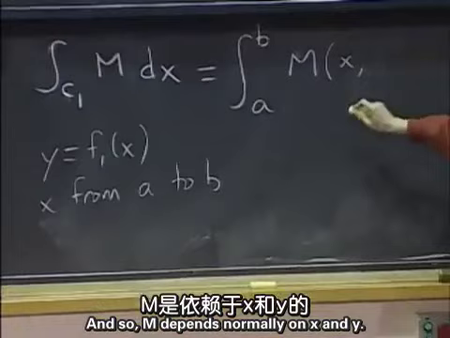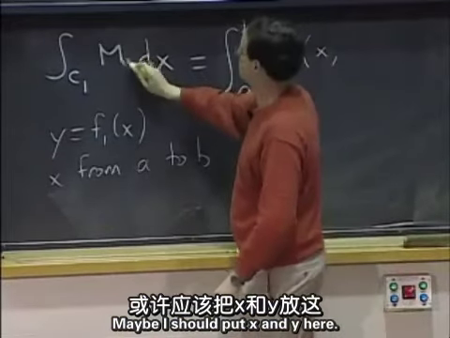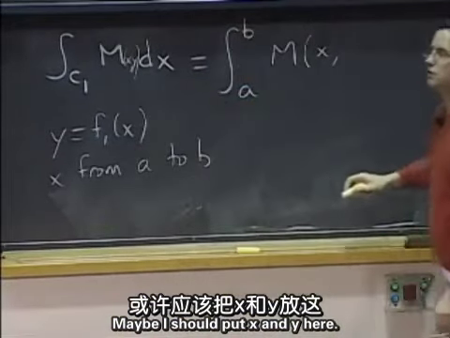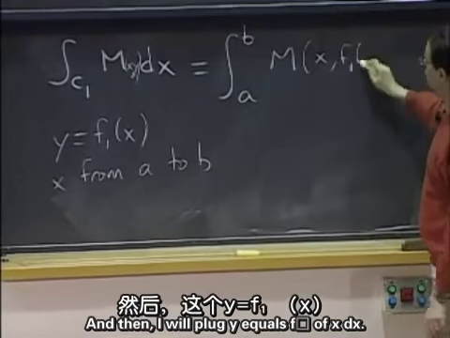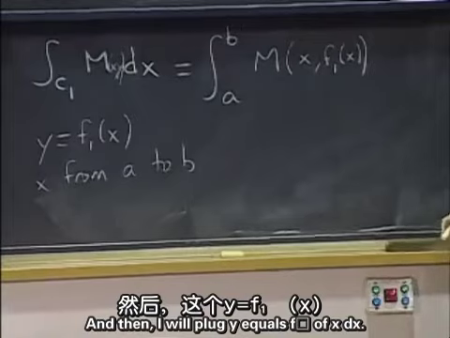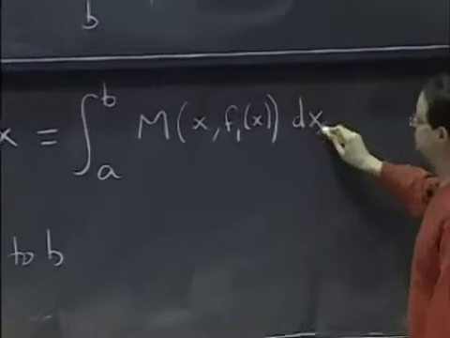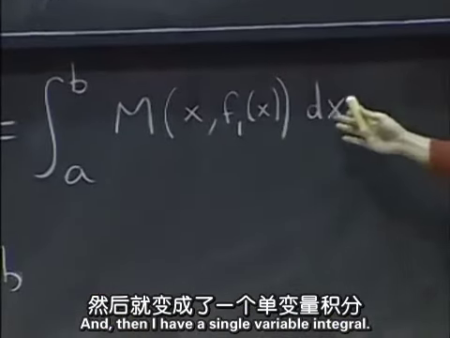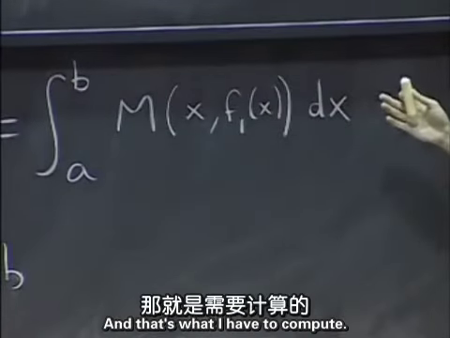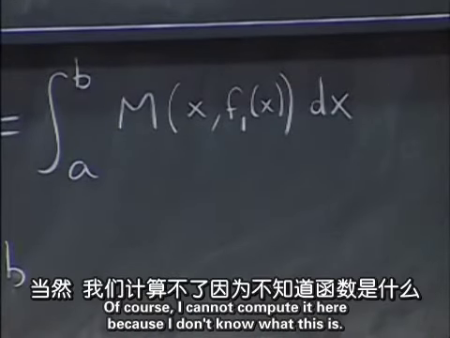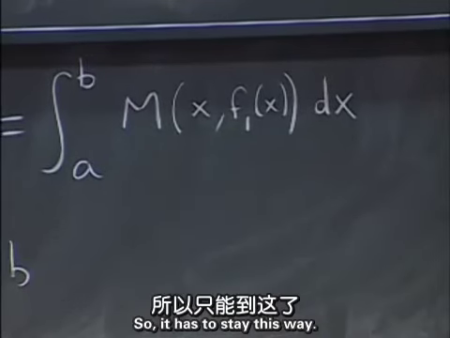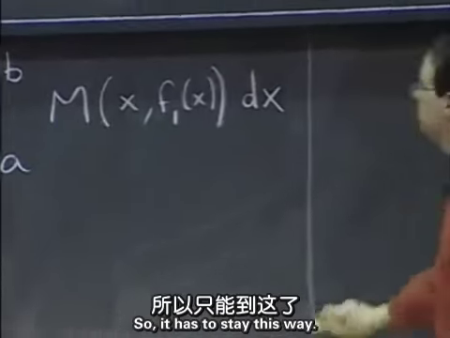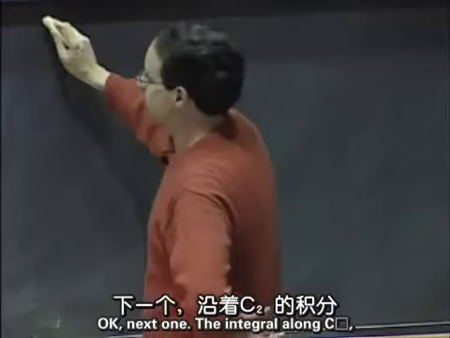So, you know, m depends normally on x and y. Maybe I should put x and y here. And then I will plug y equals f1 of x, dx. And then I have a single variable integral, and that's what I have to compute. Of course, I cannot compute it here because I don't know what this is. So it has to stay this way.